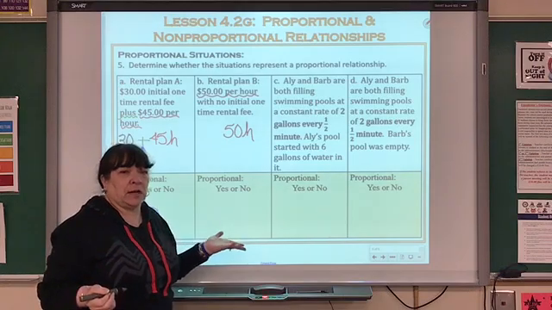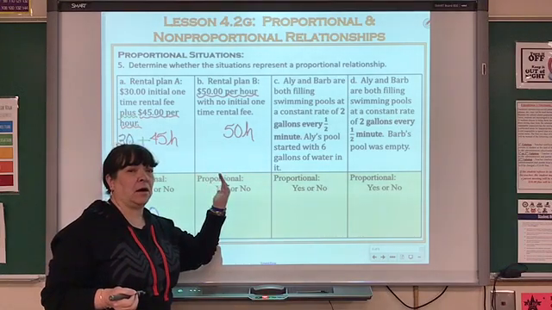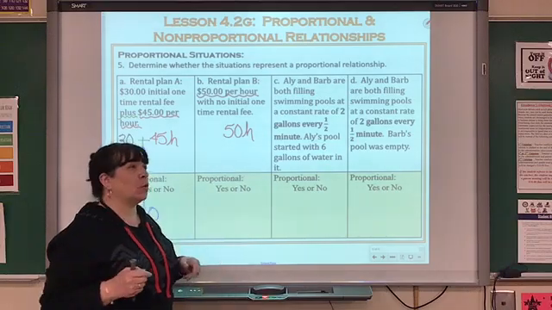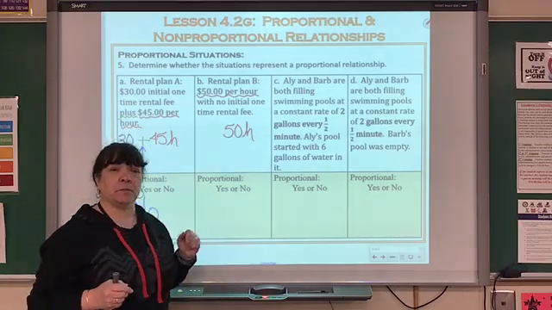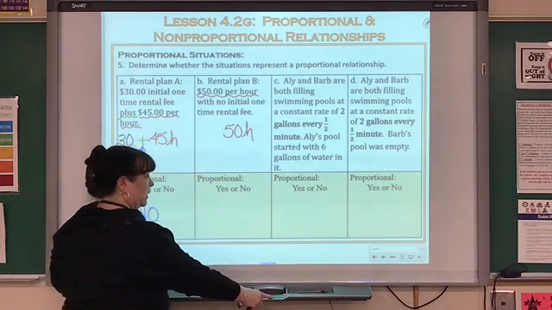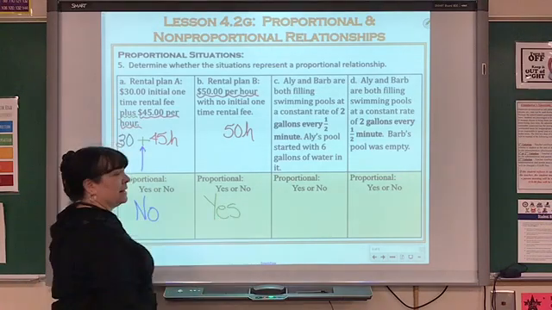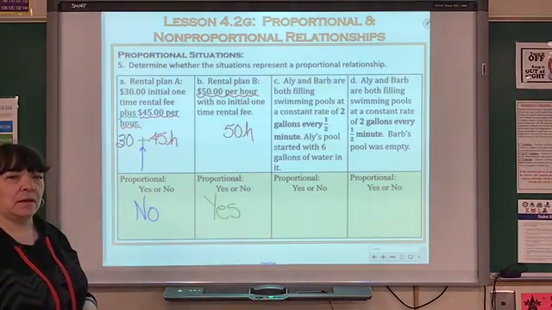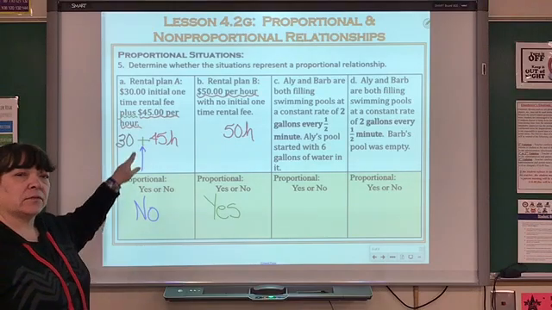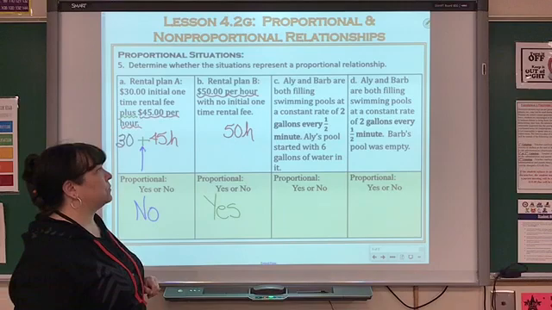That means I'm not going to add anything on. So if I'm not going to add anything on, hey, we're good to go. It's just going to be a multiplication relationship. So for proportional, this one we would say it's a definite yes. Look for clues. The moment that had plus, no longer proportional.